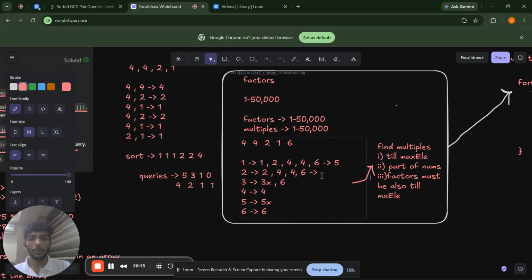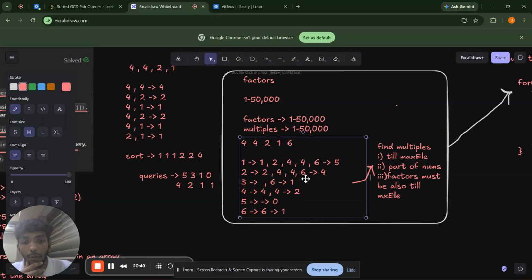So 2 is a possible candidate for 4 elements. Likewise, 6 is for 1, 4 will be for 2, 5 does not contribute currently, so it will be for 0, 6 will be for 1.